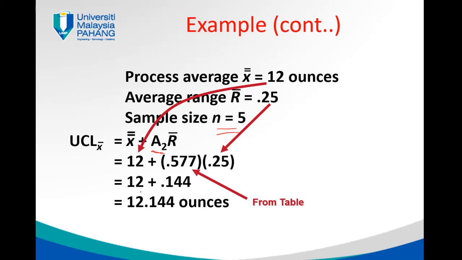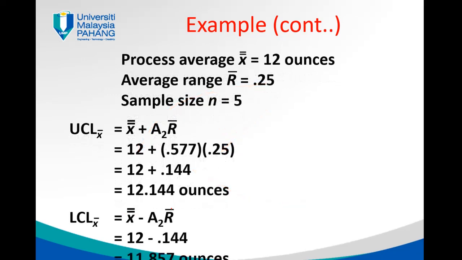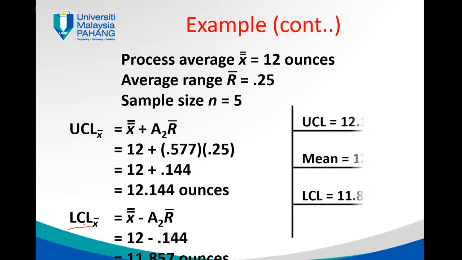From there we can calculate the upper control limit, and we can also calculate the lower control limit. This one is for the R chart. From there we can plot the graph: upper control limit, lower control limit, and also the mean. The mean is the process average, x double bar, here.